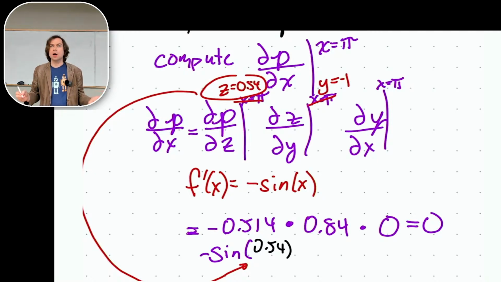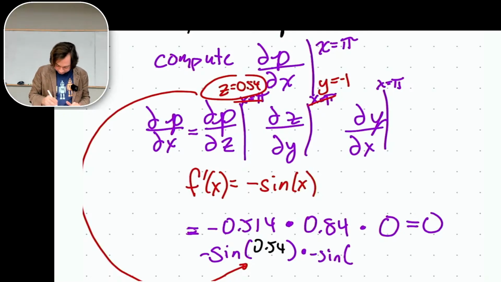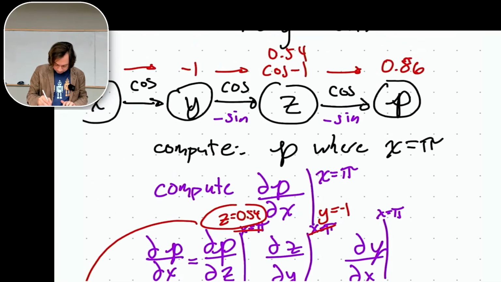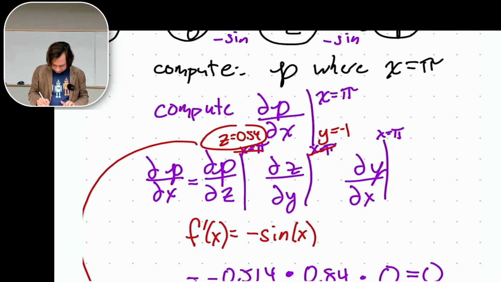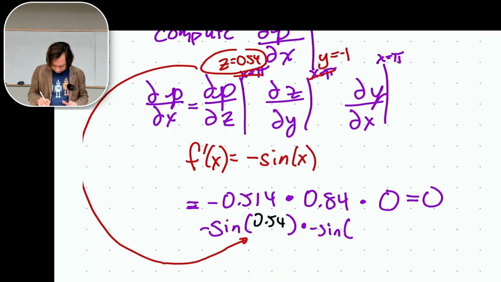Kind of like a back propagation, if you will. And similarly here, it's going to be minus sine of y, which was minus 1. Minus 1 times minus sine of pi.